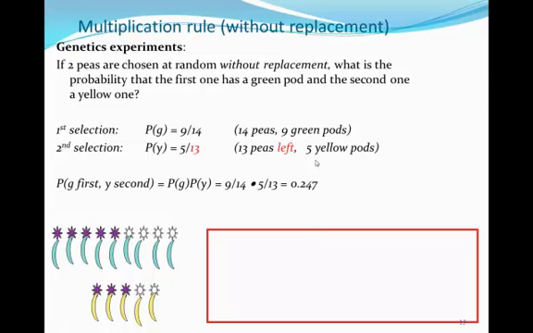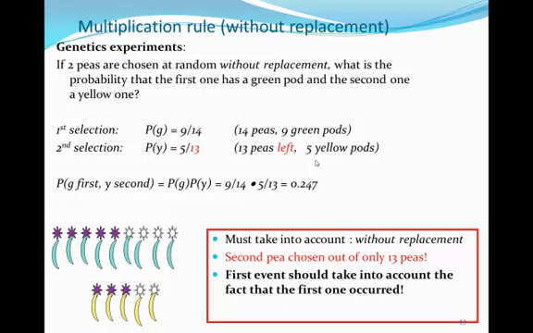The probability of getting a first green part and a second yellow part equals the probability of getting a green part in the first selection times the probability of getting a yellow part in the second selection, which is 9 over 14 times 5 over 13, which, converted to decimal, is 0.247. So we must take into account that it's without replacement.